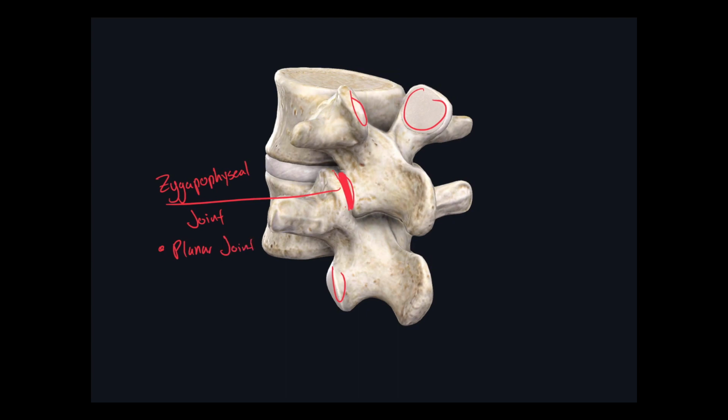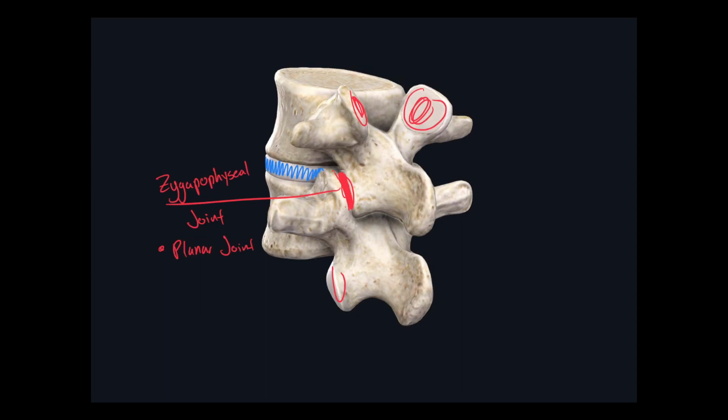So if you look at it carefully, each vertebra has 4 zygapophyseal joints, 2 on top and 2 on the bottom, each one being formed again by the superior and inferior articular processes. The next joint, found between 2 vertebrae, is located right here.